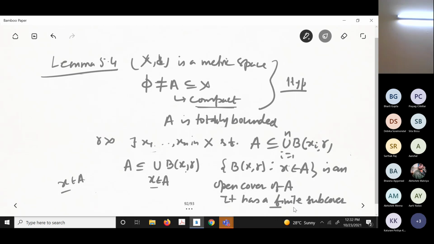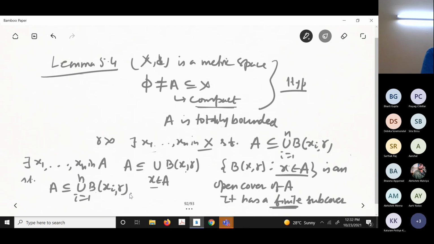Finite subcover will become what? Finite index. Actually, there exists x1, x2 in A. Straight we can prove. Since A is compact, there exists x1, x2, ..., xn in A such that this is the proof that actually I have written.